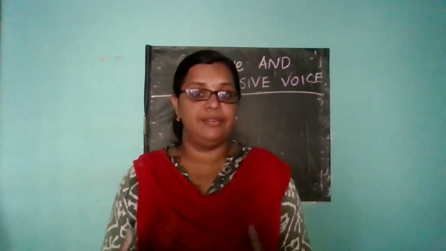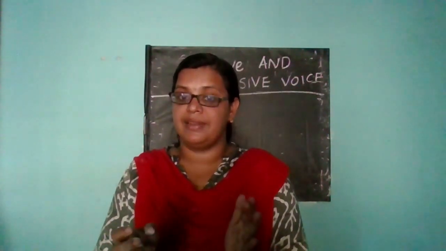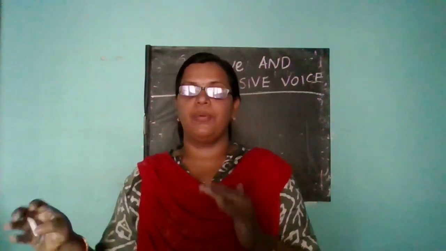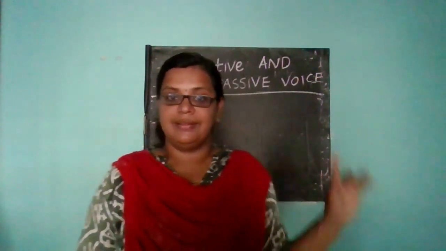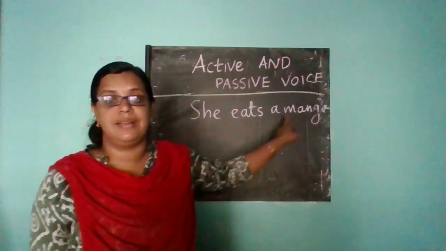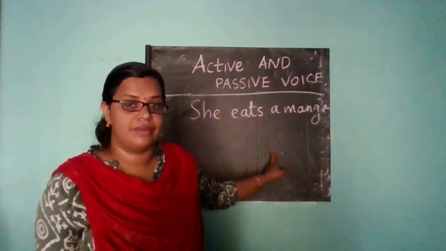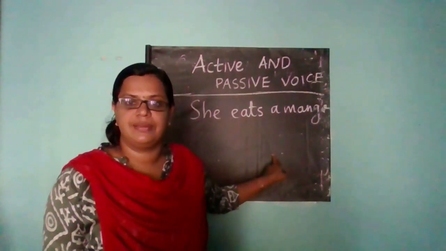How will you identify simple present tense? In simple present tense, the verb will be either in base form or in S or ES form. Clear? See the sentence: She eats a mango. Here, which is the verb? Eats. Which tense? Simple present.